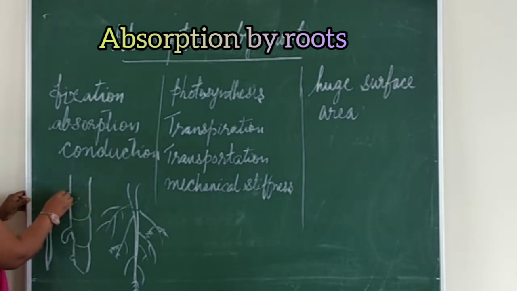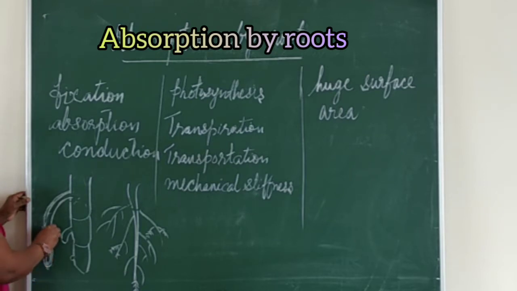Okay, so this root hair has a thin cell wall, and you can see two layers in the plant cell. One is the outermost cell wall, and the second layer is called the cell membrane. So the cell wall is present as well as the cell membrane.